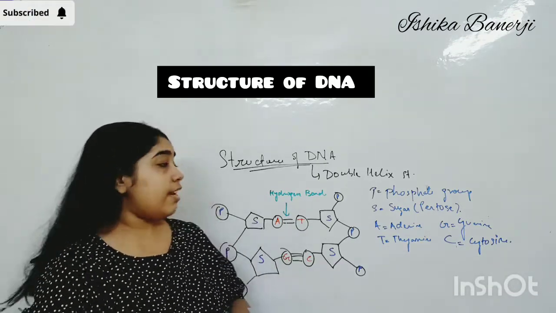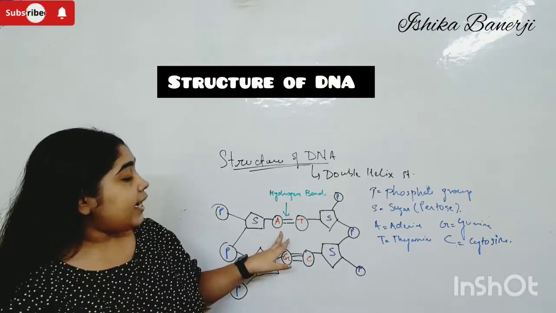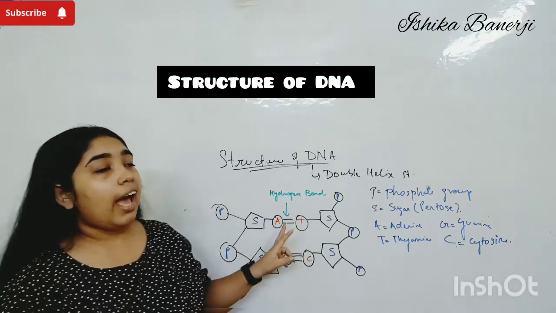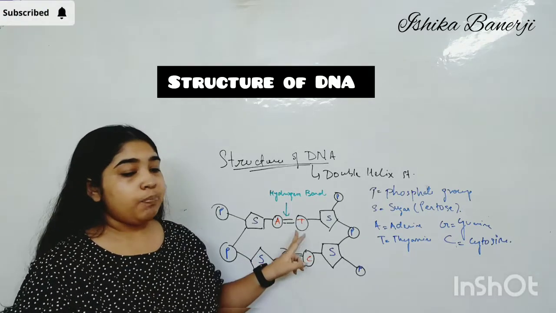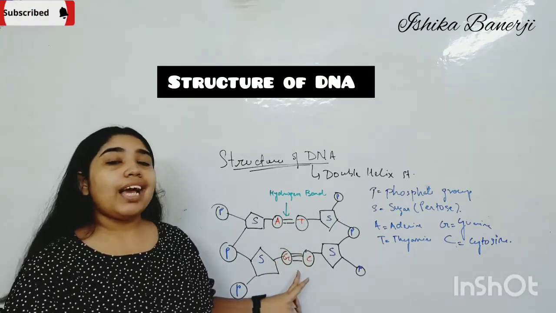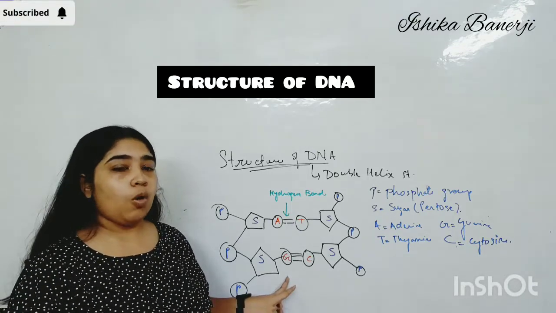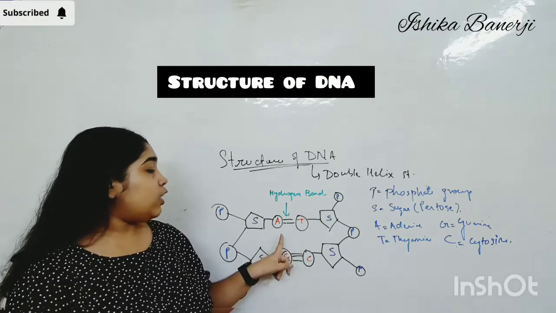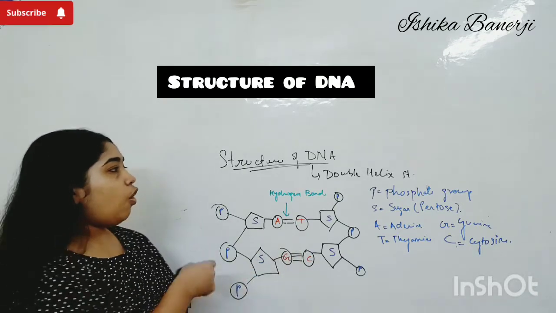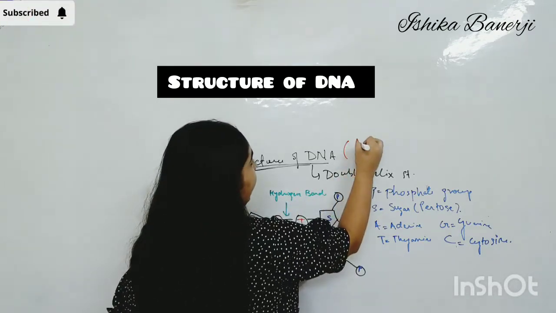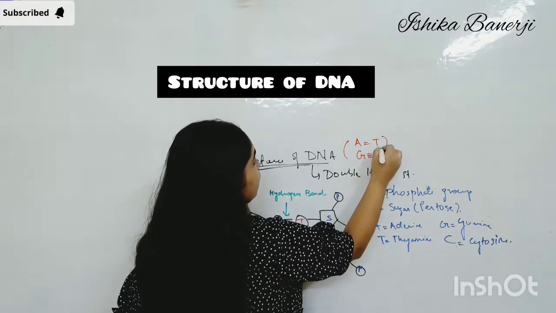One thing you need to understand very nicely: between adenine and thymine you will have two hydrogen bonds, and between guanine and cytosine you will have three hydrogen bonds. So for your purpose you can remember that A and T have got a double bond, and G and C have got a triple bond.